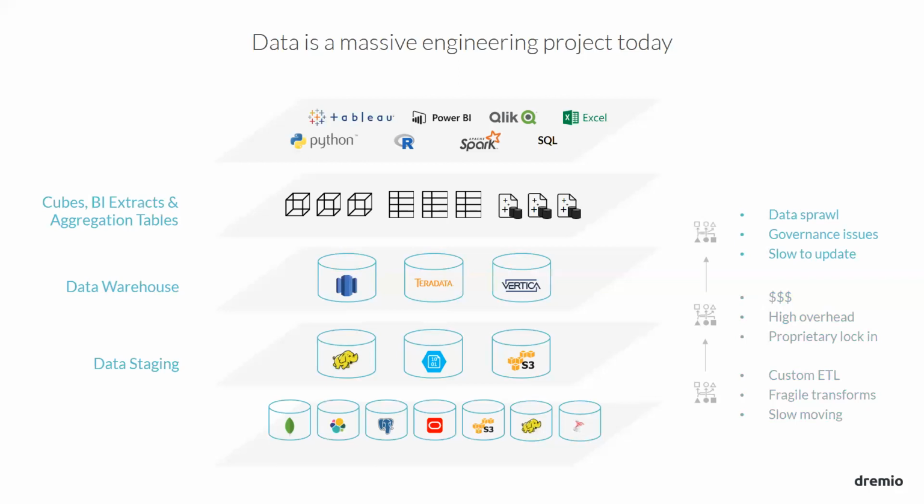Anytime they want to do something that's beyond, okay, I want to slice and dice a specific cube, or I have a question on a specific table, anything more complex, that IT did not plan for in advance, cannot be answered without basically an engineering project to ETL data into a single source and expose that to the user at the top. So that's what the world looks like for most companies, and it's not something that they like.